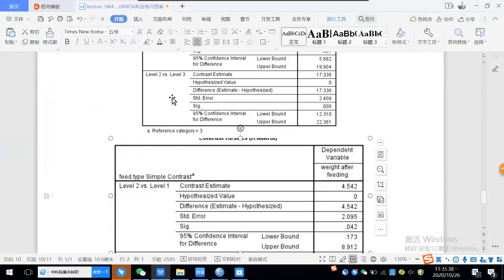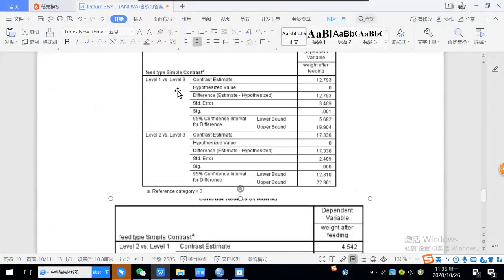How about level 1 and level 3? Do they have a significant difference? Let's look at level 1 and level 3. Level 1 minus level 3, the mean difference is 12.793, and the corresponding significance is 0.001, which is less than 0.01.